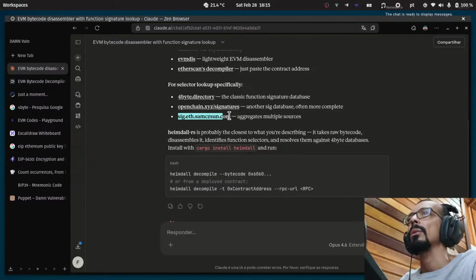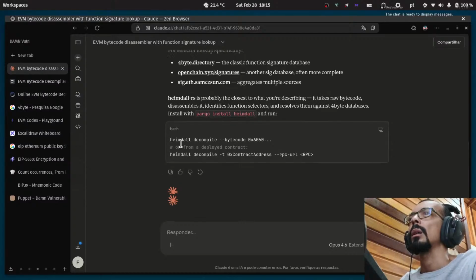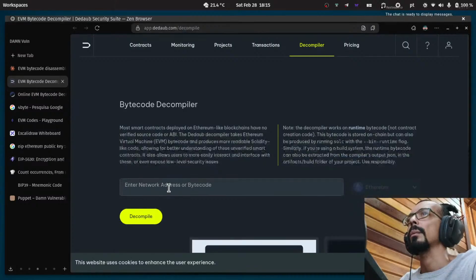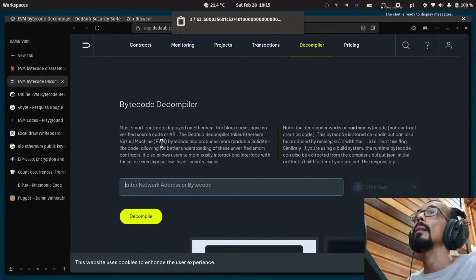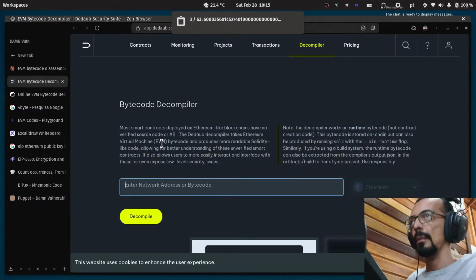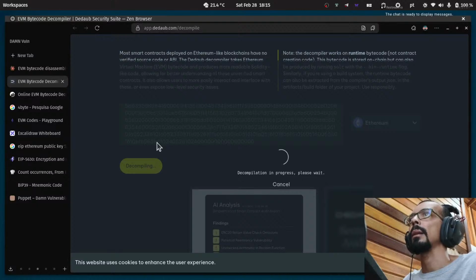Okay, that looks cool too. But just for signature. I want something more like, okay, let's paste these if they can find or decompile.